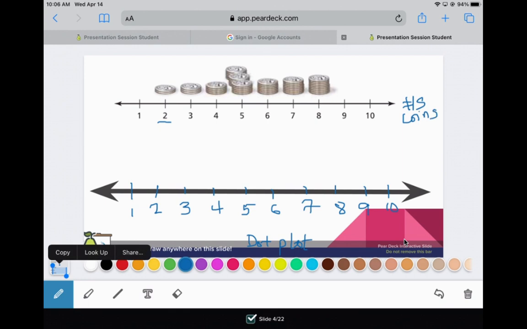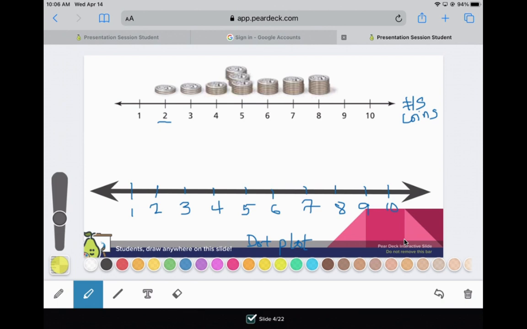And then what we're going to do is count how many stacks of 2 coins we have. In this case, we have 1 stack, because there's only 1 stack with 2 coins. So I'm using a dot. I'm going to make this a little bit bigger. So there's 1 dot because there's only 1 stack.